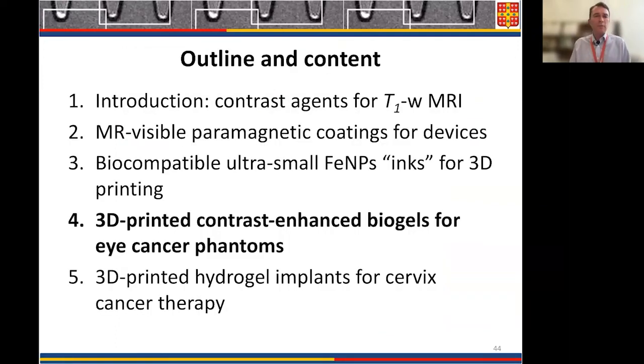With this, I will introduce the two last examples of the presentation, namely contrast enhanced biogels for eye cancer phantoms, and I will continue with the hydrogels for cervix cancer therapy.